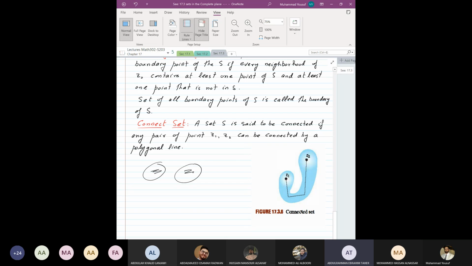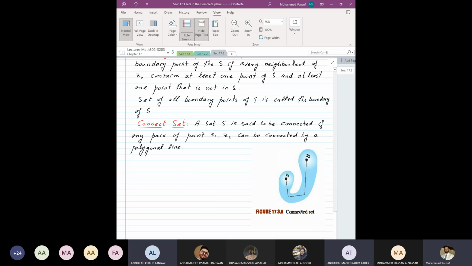If we say that S consists of z such that |z - 1| < 1, or |z - 3| < 1, if we define a set S like this one, then this set S is a disconnected set. Or if some set has a hole inside it.